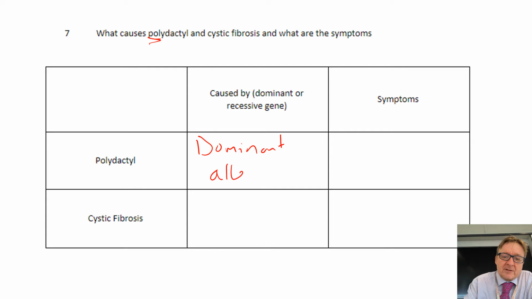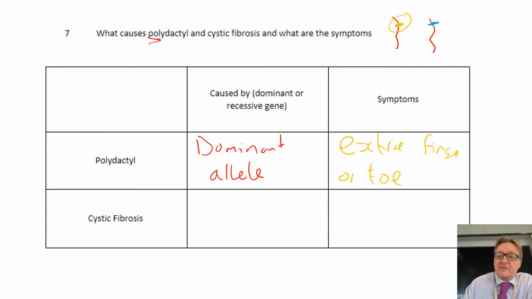What that really means is if you've got a chromosome from mum and a chromosome from dad, and the polydactyl is that one there, and dad doesn't have the polydactyl chromosome, because the yellow one there is dominant, that one will be from mum, and mum will then give the person polydactyl. And what they have is an extra finger or toe, or both, or even more. They could have 7 fingers or 7 toes.